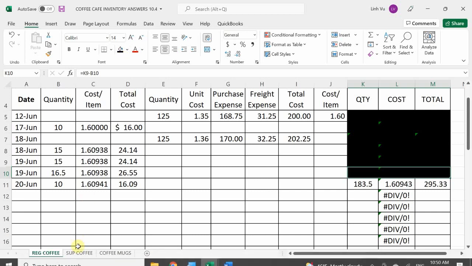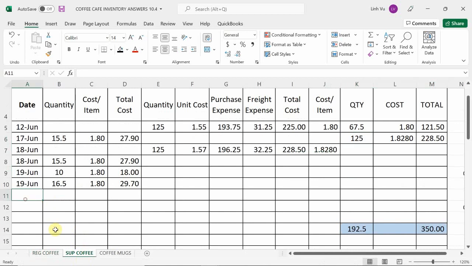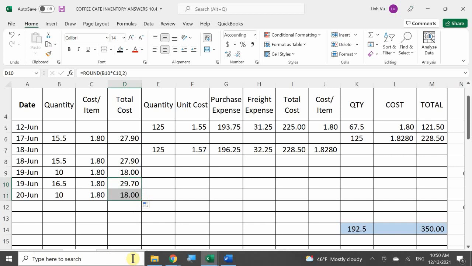Now we have to go to Supreme Coffee. Sold 10 pounds. Which batch am I going to be taking out from? First one, the 67.5. Yep. Which is going to calculate me a total of $18.